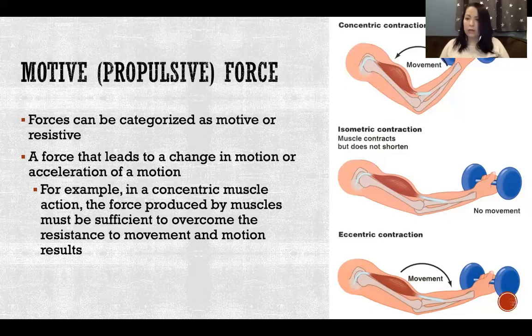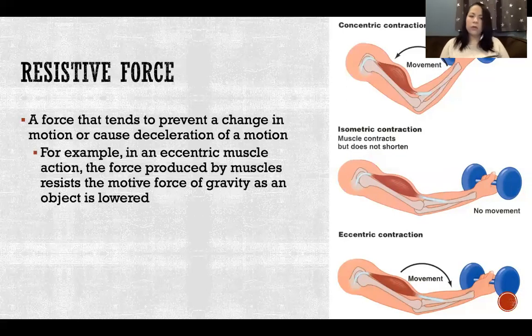So in that case, the force produced by biceps brachii is an example of a motive or a propulsive force. A resistive force would be one that tends to prevent a change in motion, or that's resisting the motive force. It can prevent a change in motion, or it can decelerate a motion that's already happening.